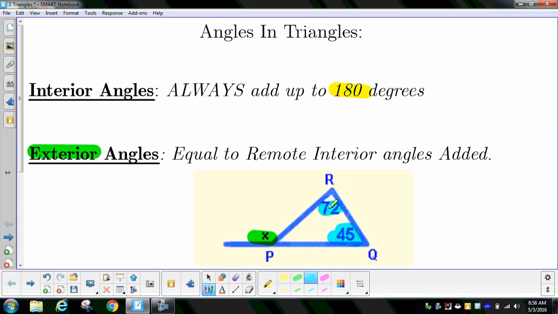So if I add 72 plus 45, I'm going to get the value of x. So I don't need to find the third angle here. All I need to do is add these two inside angles, and it's equal to this exterior angle. And that's always true no matter which exterior angle we have. It's equal to the two angles added together.